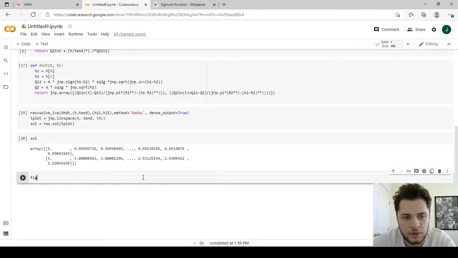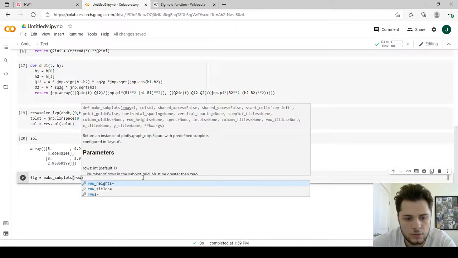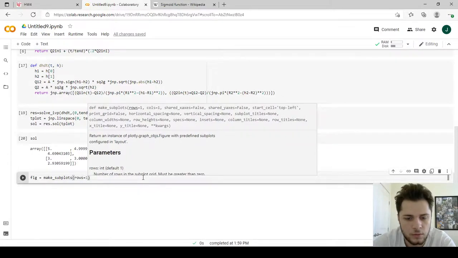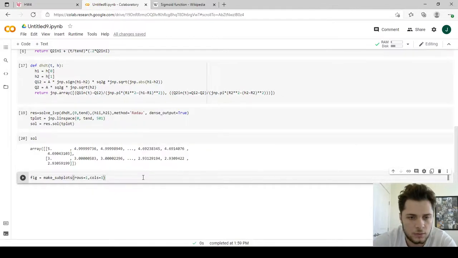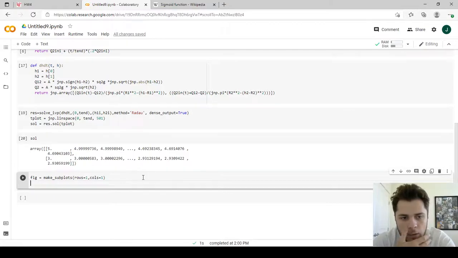So fig is going to equal make_subplots, rows. I just want one row and one column for now. Then I want to add my graphs into these subplots.